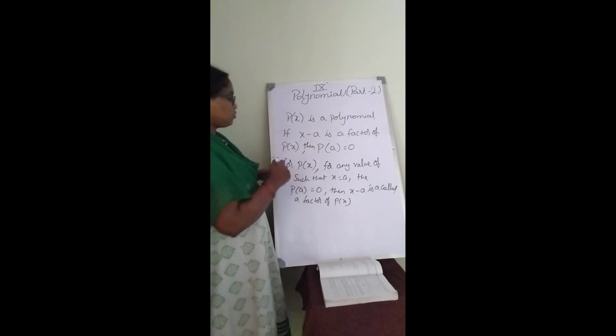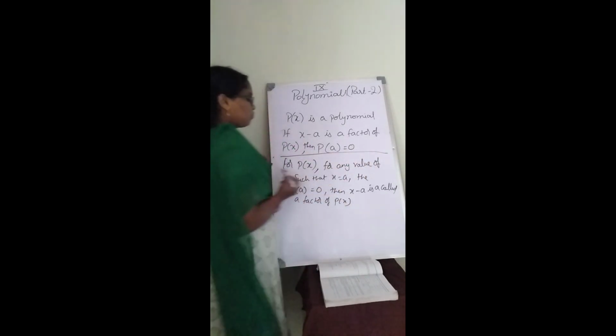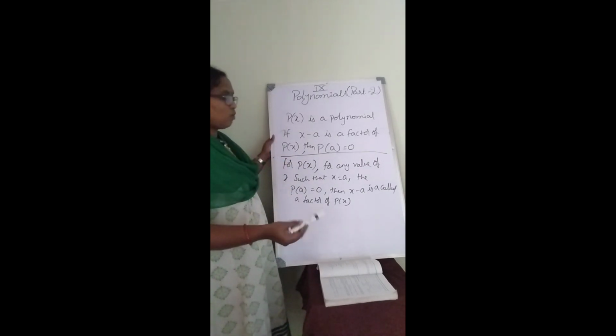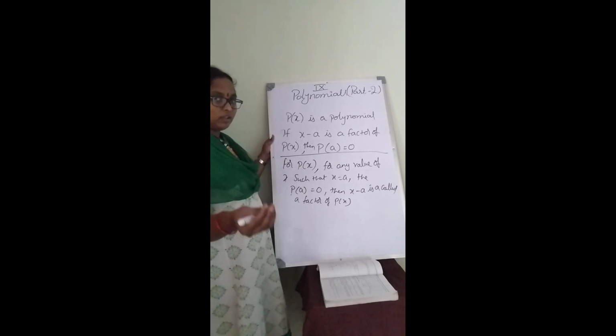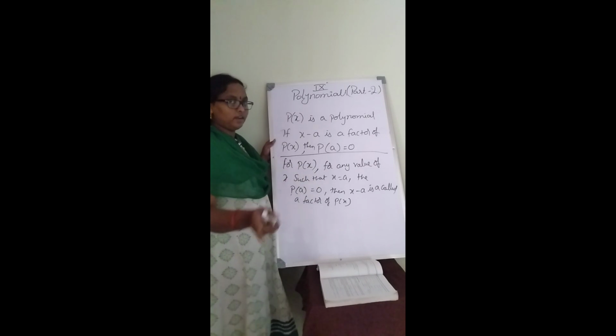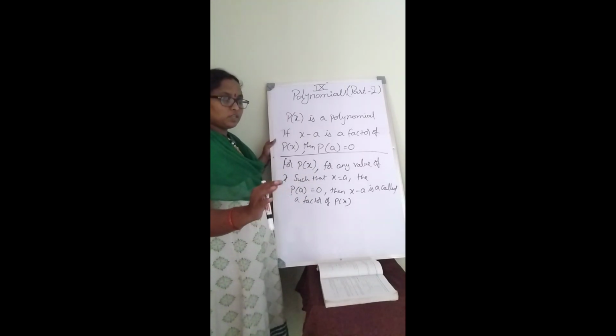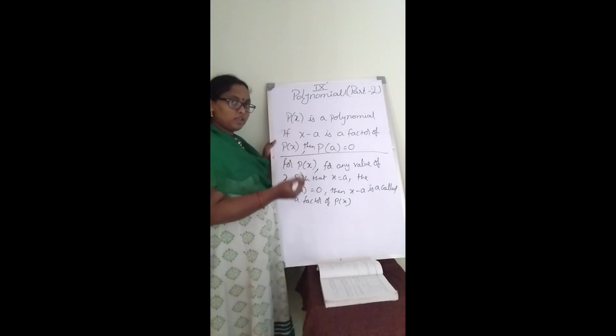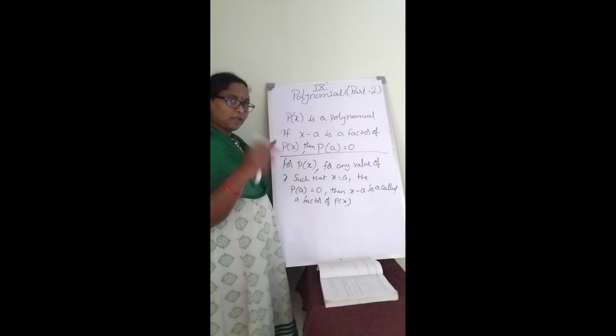Why I have given these two definitions is that they will ask questions in both ways. In the next exercise, they will give you some x values and ask us to verify whether it is a zero of the polynomial or not. Suppose x is equal to minus 3 is given. Wherever x is in the given polynomial, substitute minus 3.